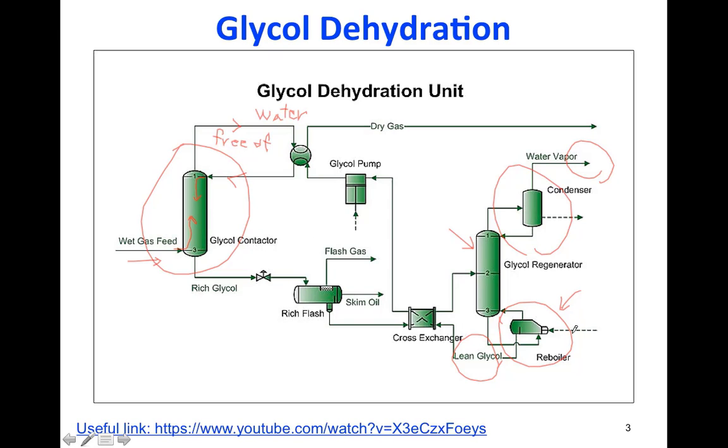For the reboiler, the heat duty is also an important parameter, and we need to adjust the temperature and pressure of the reboiler to make sure that we have an efficient process. And also the operating condition of the distillation column, temperature and pressure, is an important design parameter.